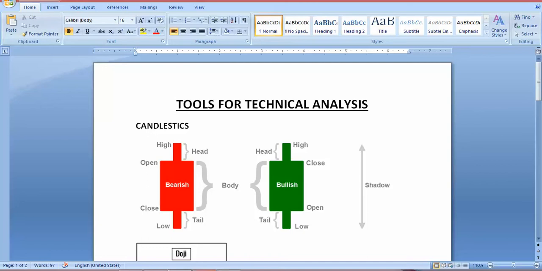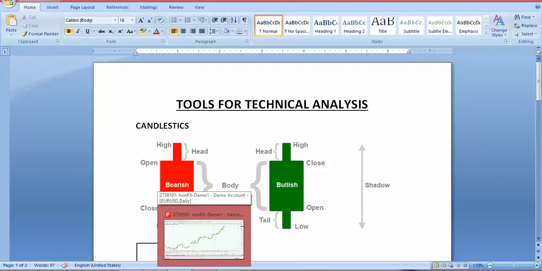Let's open the charts and look at some candlesticks generally. We'll come back to this pictorial view here, but let's look first at the charts.